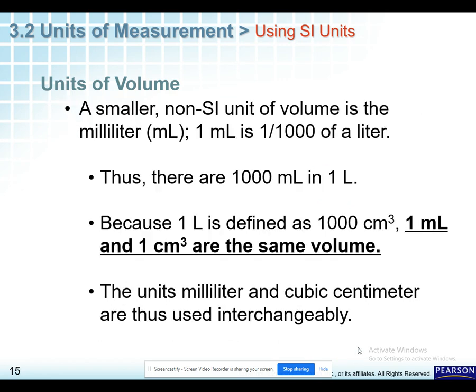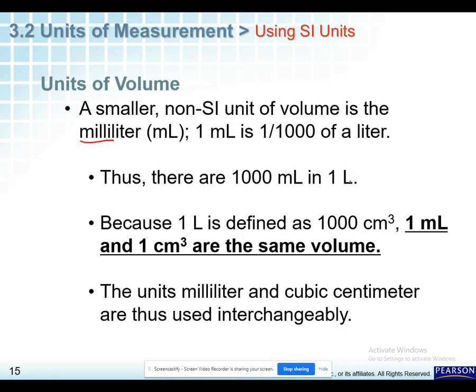So the smaller non-SI unit for volume, if we're talking about liter, is milliliter, considering the prefix milli. So 1 milliliter is 1 1,000th of a liter. That means that it takes 1,000 milliliters to equal 1 liter.